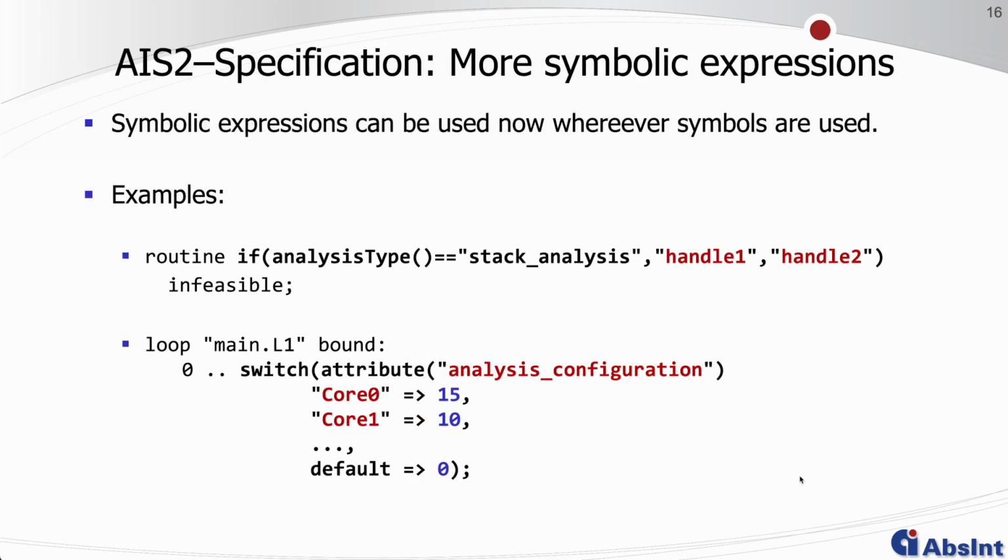The new release version accepts more symbolic expressions in annotations, basically wherever standard symbols are used. Let's have a look at the examples here. Assume you want to make some function, namely the handle1 function, infeasible, but only in the case you are doing a stack analysis.